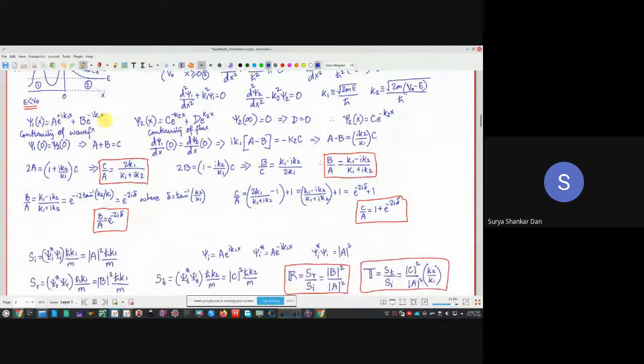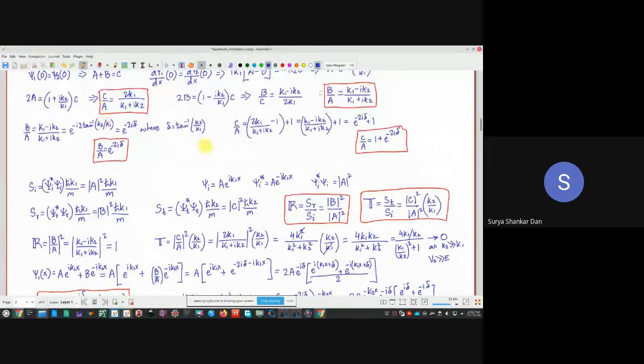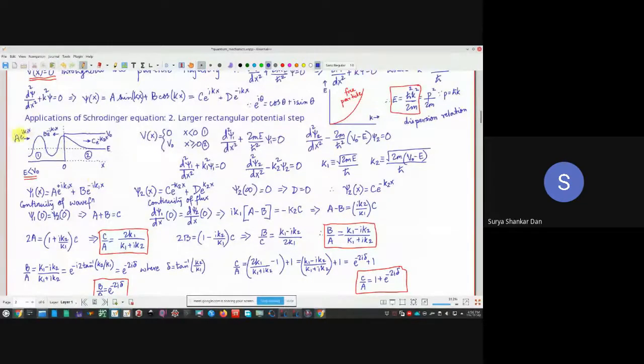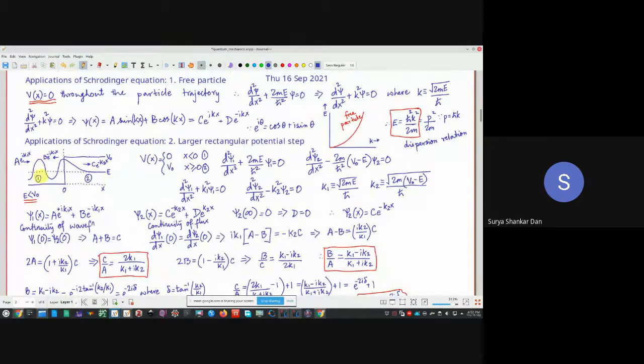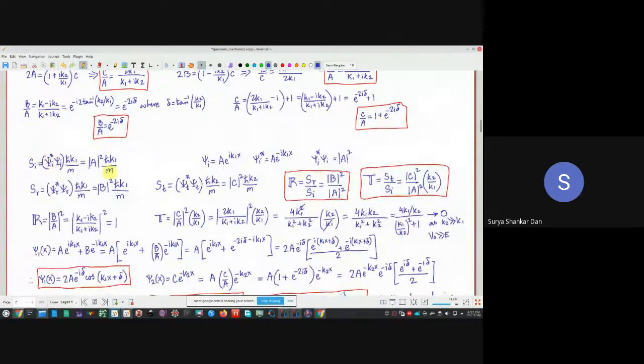So I am just trying to find out the currents because of that. So incident के लिए क्या होगा? वो a square रहेगा because a is the amplitude of that incident wave. है कि नहीं? तो a square और h cross k1 by m, क्योंकि देखो ये this is in the region 1. A and B are in region 1. तो यहाँ पर k1 रहेंगे. Reflected wave का क्या रहेगा?